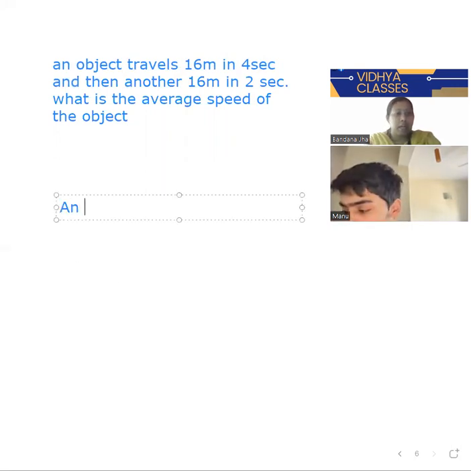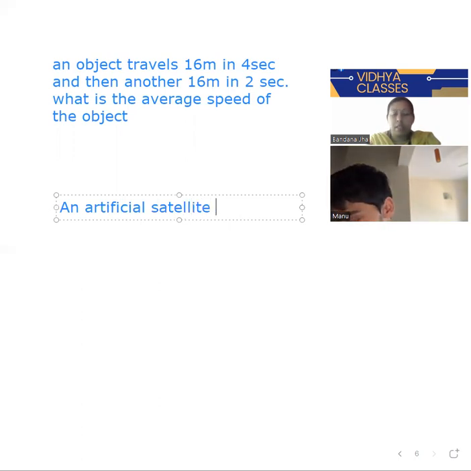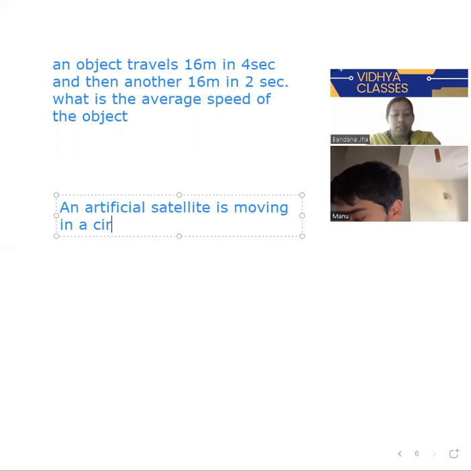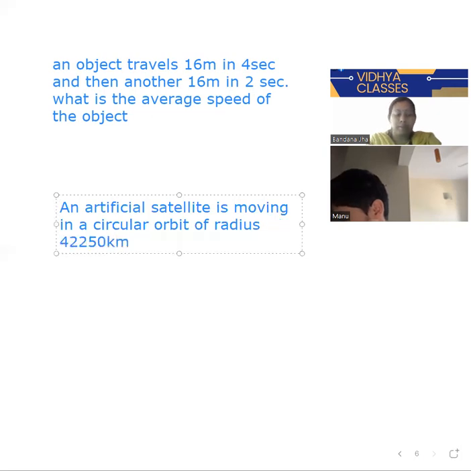And the second question I'm also giving to you. An artificial satellite is moving in a circular orbit of radius 42250 kilometer.